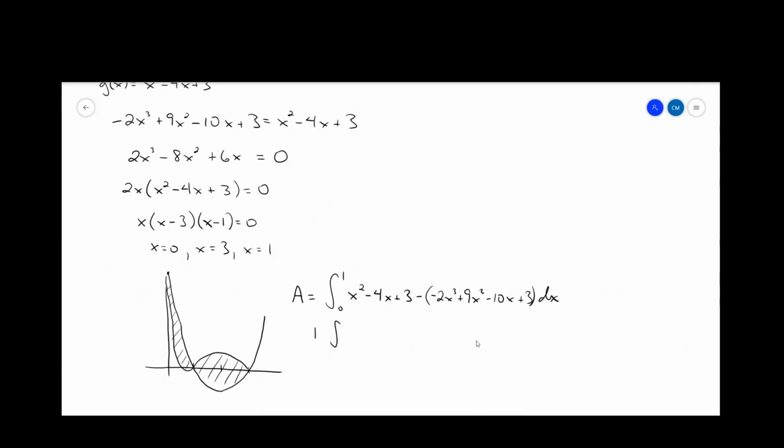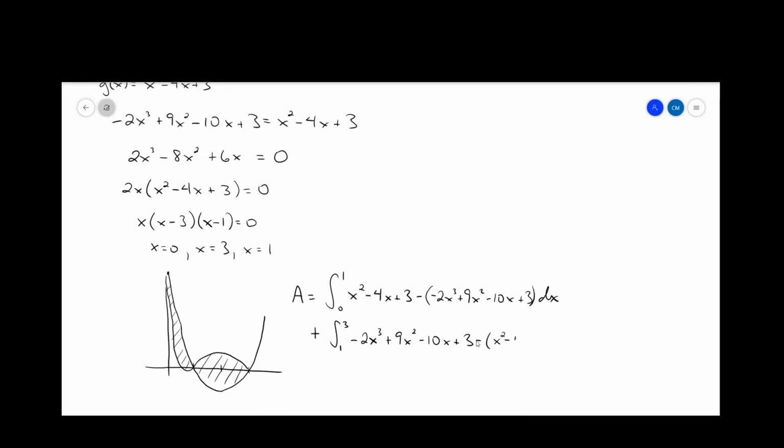So plus, then we're going to have to do another integral, the integral from 1 to 3, where now the cubic function is the bigger function and the quadratic is the smaller one. Or again, it really doesn't matter. If you don't want to worry about the bigger function here, you're perfectly welcome to just put the cubic one first in both cases, and then whichever answer becomes negative, just make it positive at the end.